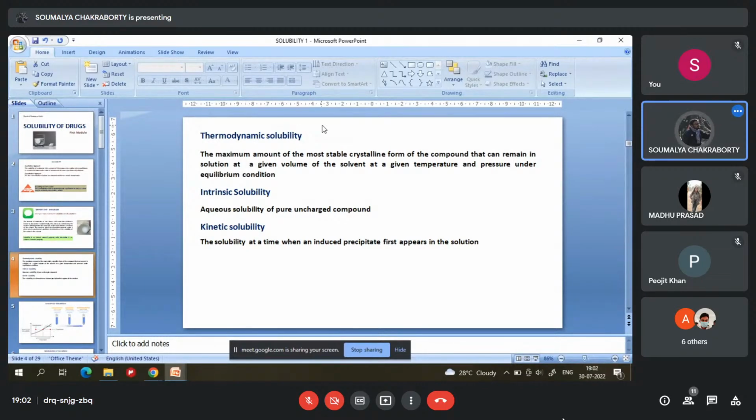What we do here, we take a particular volume of solvent, add our solute in an excess amount, and keep it in a shaker bath. In a shaker bath, the vial is maintained at a constant temperature by addition of water. You can also see the shaker bath apparatus in your institution. It gives a constant shaking to the solute, which helps to attain the equilibrium.